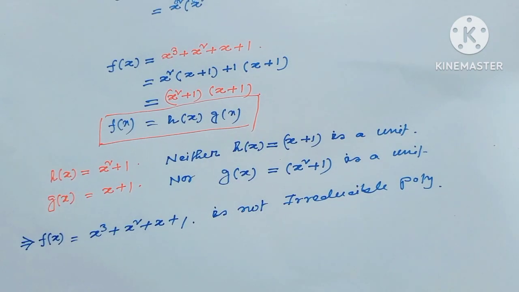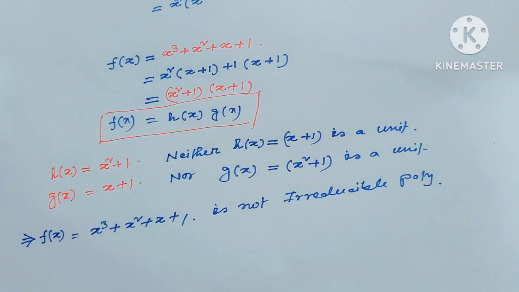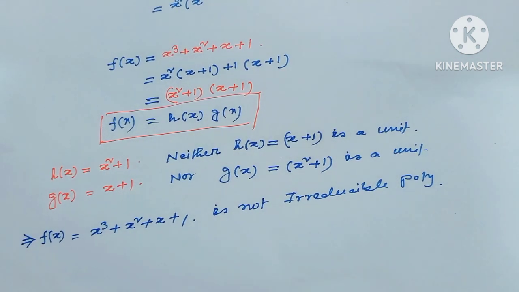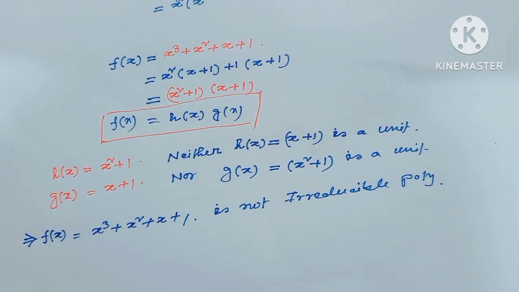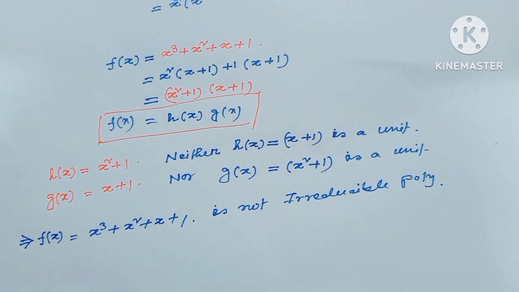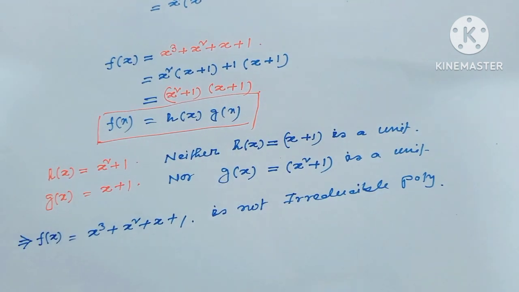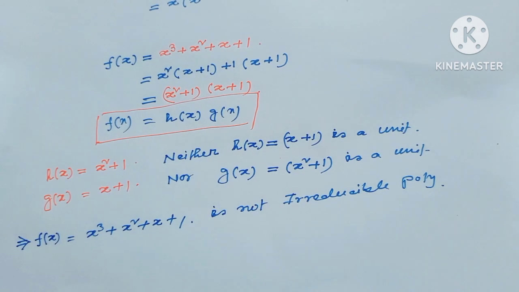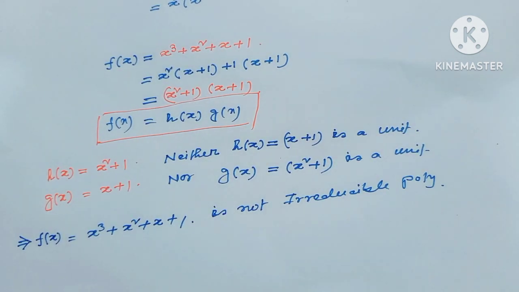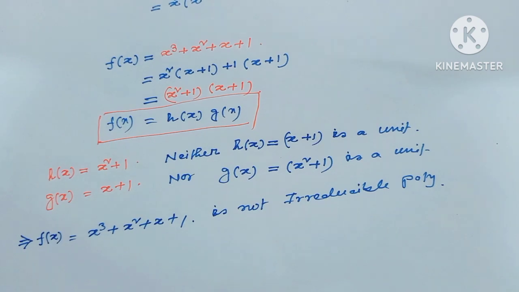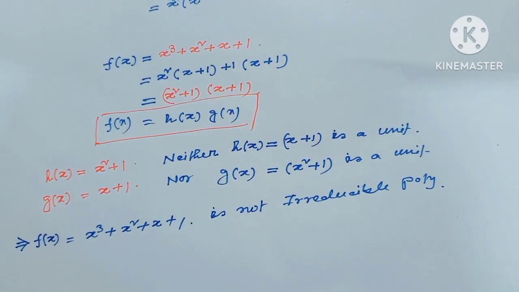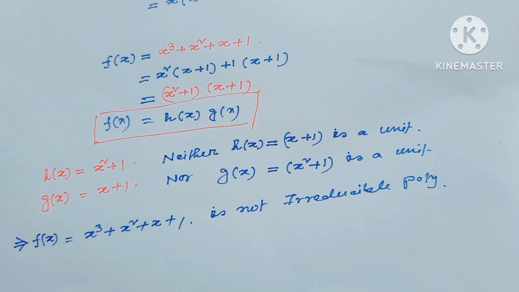Okay. f(x) = x^3 + x^2 + x + 1. We can factor this polynomial as x^2 times (x + 1) plus 1 times (x + 1). Therefore f(x) = (x^2 + 1)(x + 1), which we can write as f(x) = h(x) times g(x), where h(x) is x^2 + 1 and g(x) is x + 1.